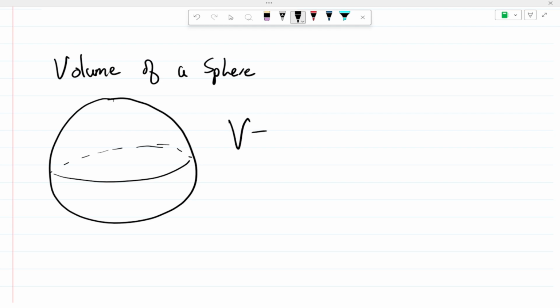And the volume of a sphere is volume equals 4/3 pi r cubed, where r is going to be the radius. So the hardest part about this section is just knowing what formula to use and when to use it.